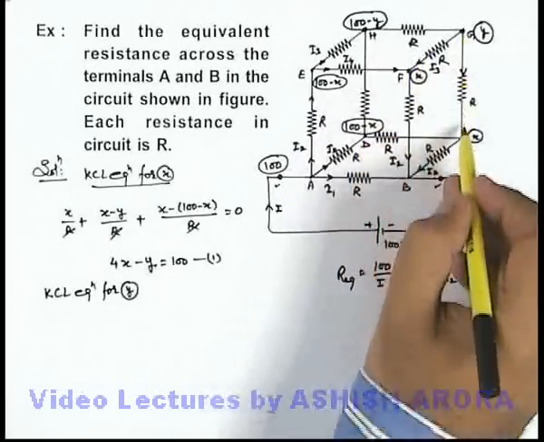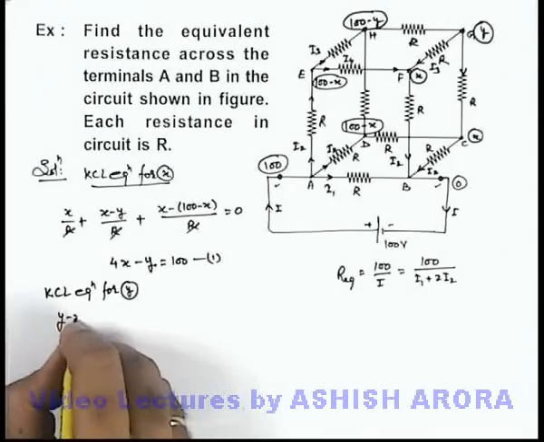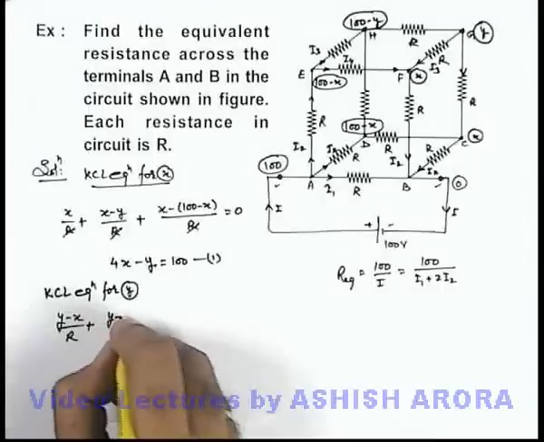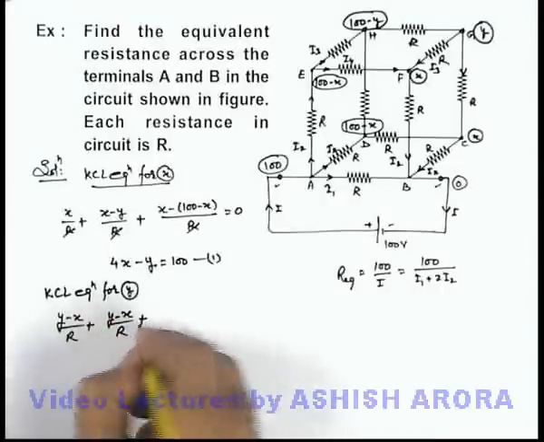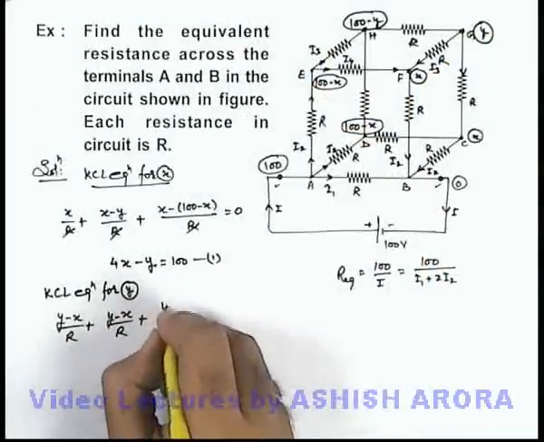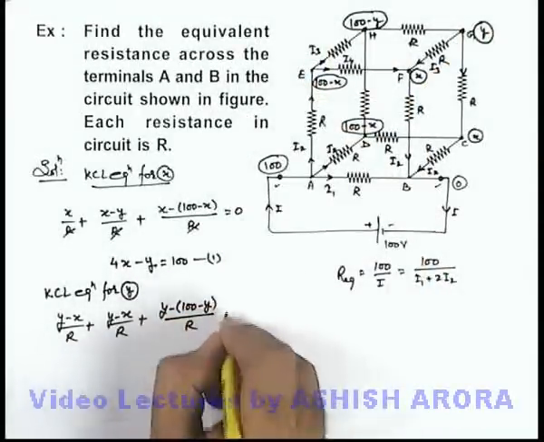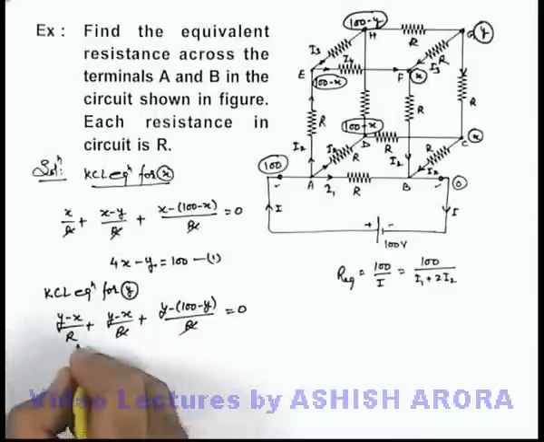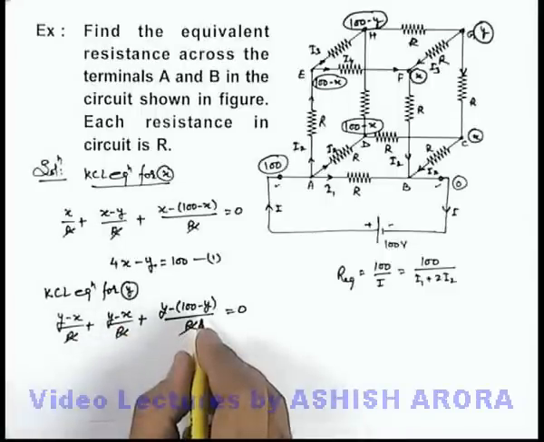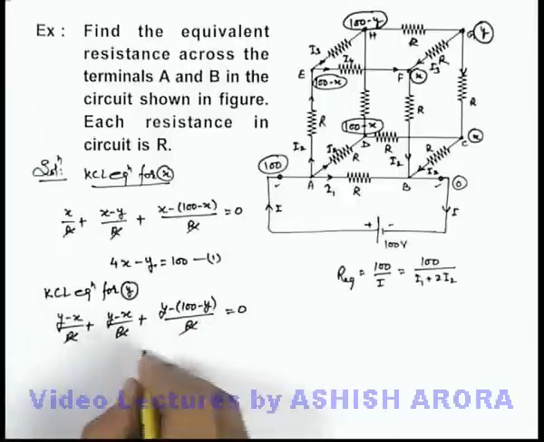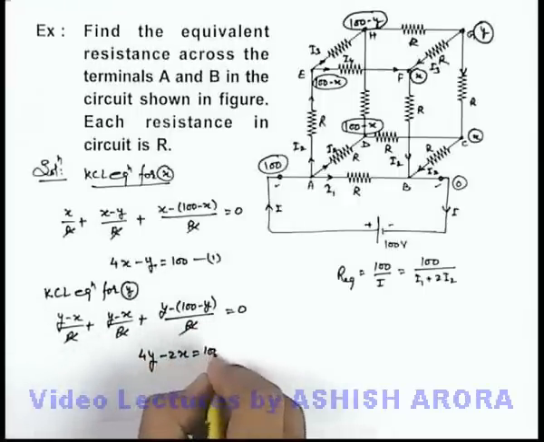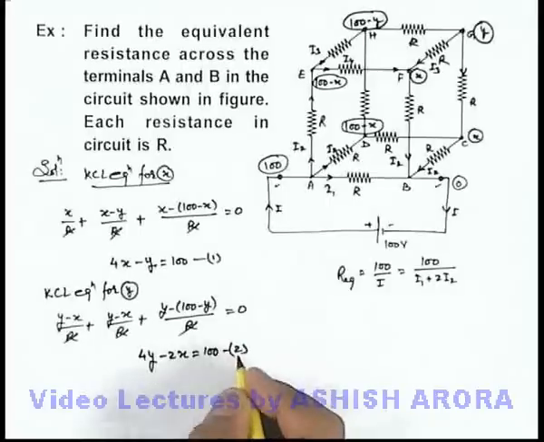Here you can see in this direction it will be (Y minus X) by R, plus in this direction again (Y minus X) by R, plus in this direction (Y minus (100 minus Y)) by R equals 0. Here R gets cancelled out, and on simplifying we get the equation 4Y minus 2X equals 100. That is our second equation.